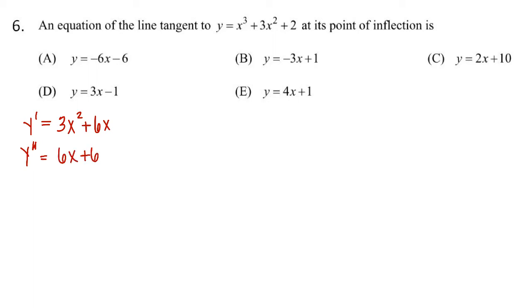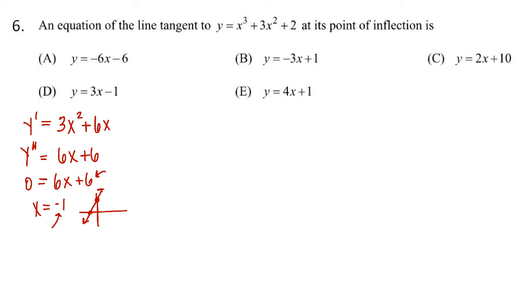Setting this equal to 0, x is -1. We do need to verify a sign change, but we can do that very quickly with our graph. Our y-intercept is here at 6, and our x-intercept is at -1. In a quick sketch, we do see a sign change here at -1.